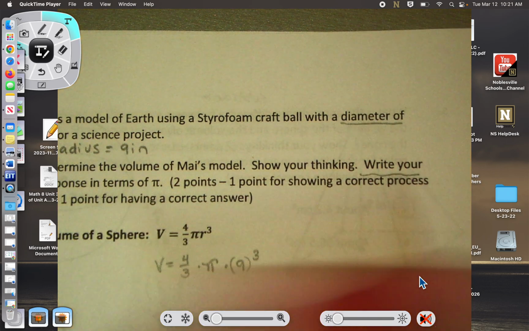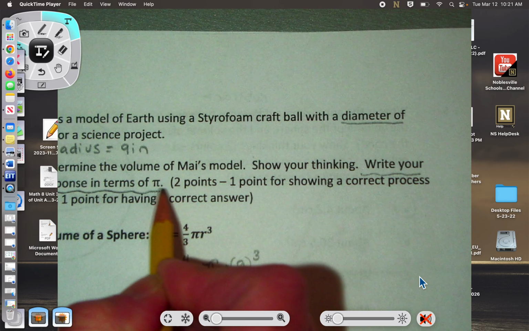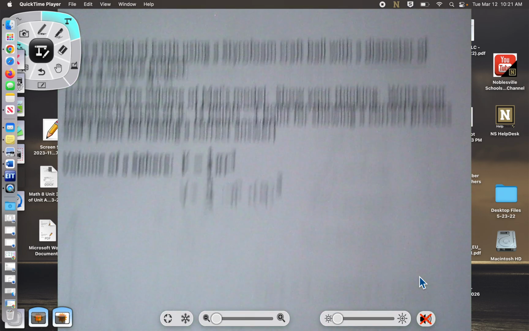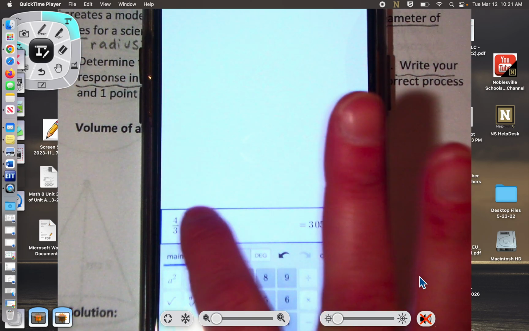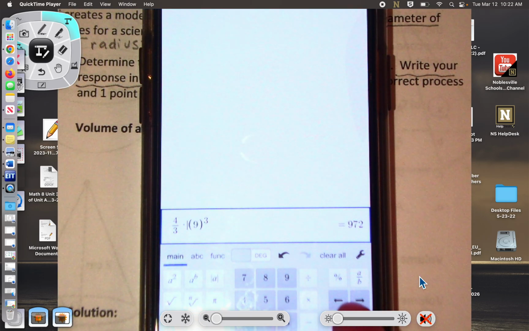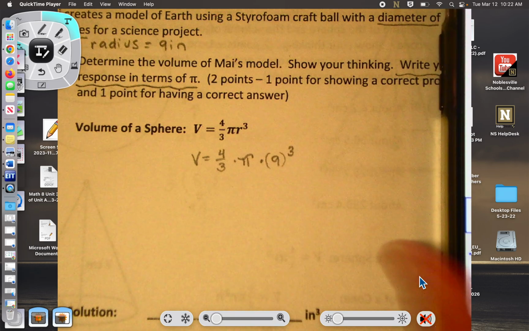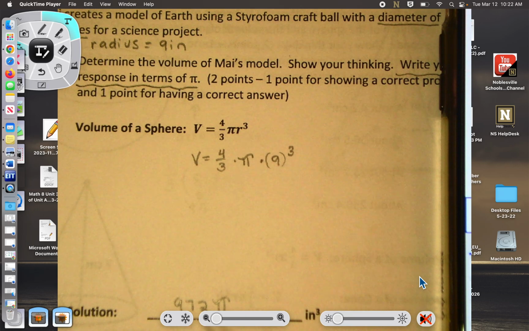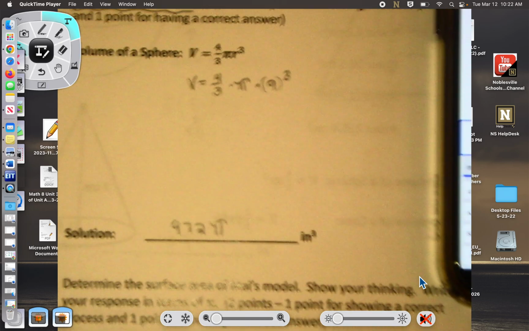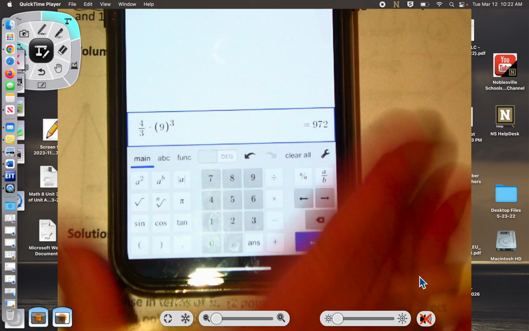Write your answer in terms of pi. So I don't even need to put pi in my calculation. So I'm just going to take pi out of there. And then I have 4/3 times 9 to the 3rd, and I get 972. And I leave the pi in my answer. Right? It says terms of pi, so pi better be part of your answer. Pi does not need to be part of your calculation like I almost did.